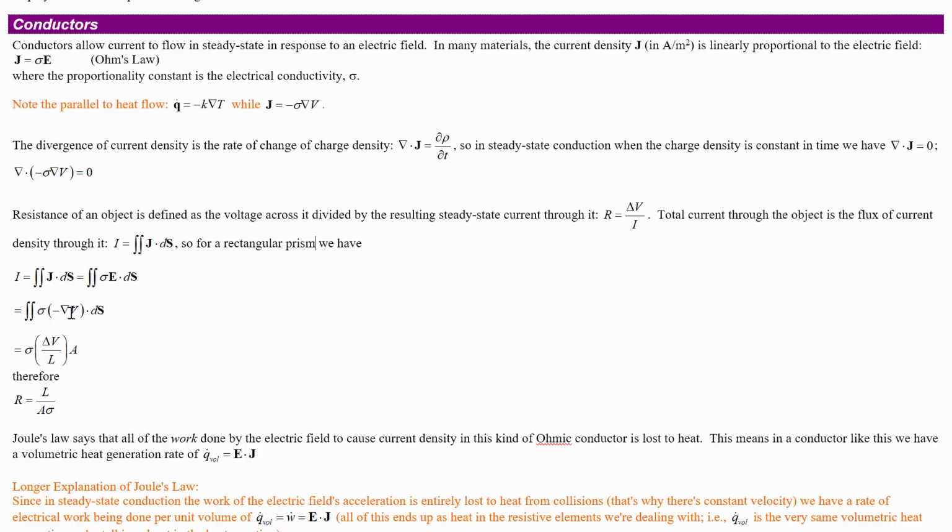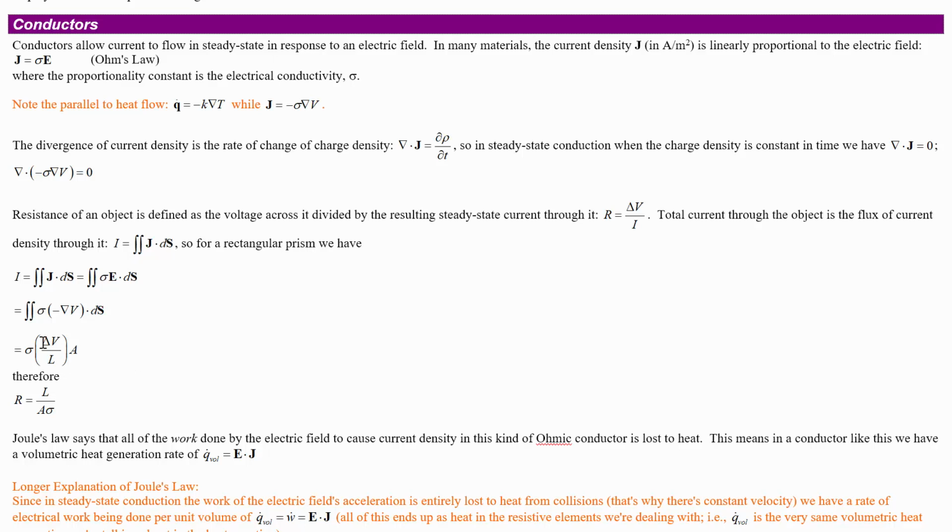And then if E is negative grad V, then this thing integrated over the surface should perhaps be a constant because of the symmetry of the rectangular prism. If we just imagine one voltage on one side, another voltage on another side, if everything's smooth and linear, and the current has to be the same from one spot to the next across this prism, because we're not building up charge anywhere, then that gives us that the gradient of V is just delta V over L. And then with that being a constant, we can take it out, and this just becomes sigma times the area when we integrate over the cross section.